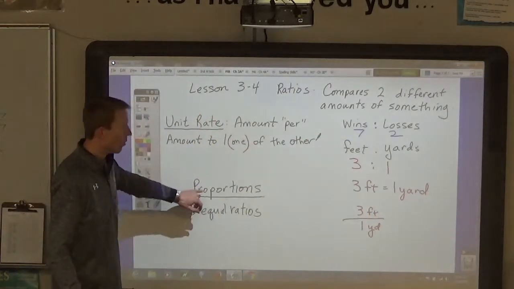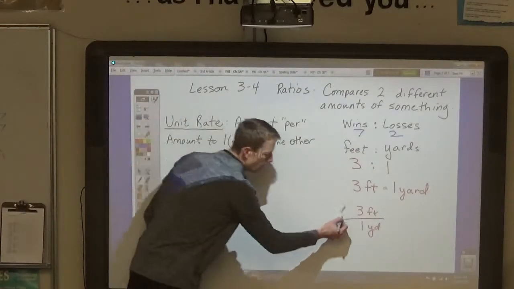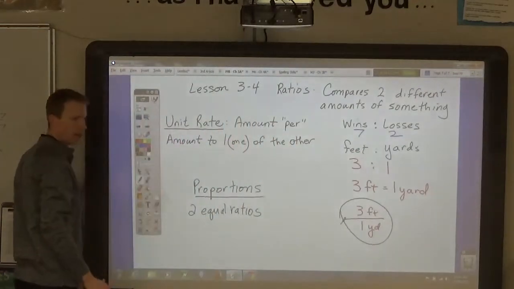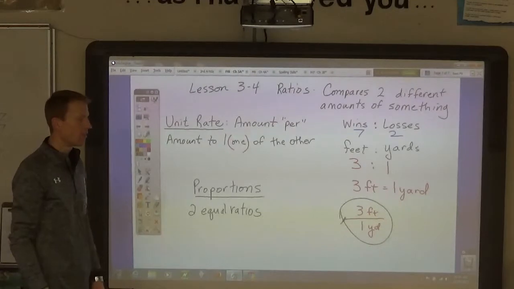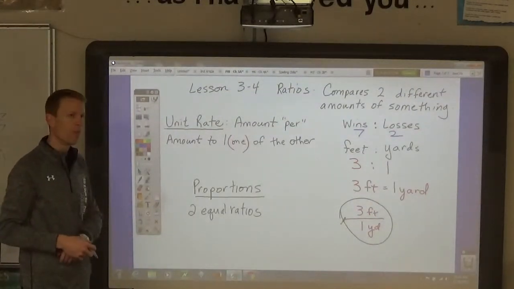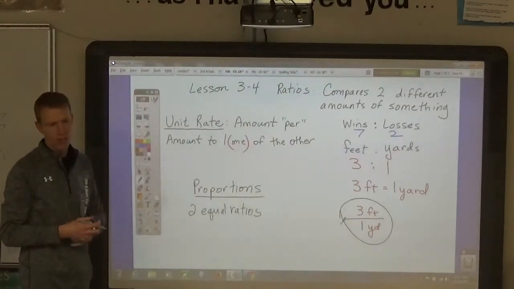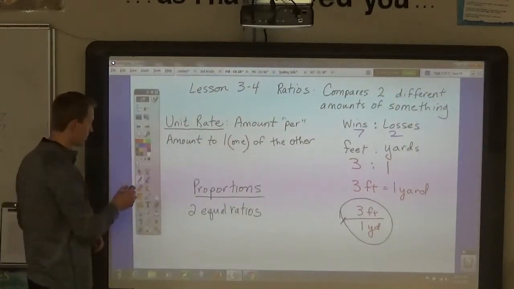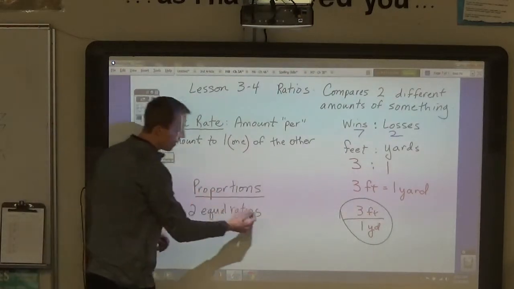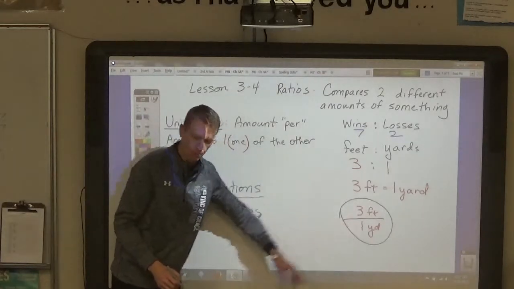So, when we're writing a proportion, we're using this to figure out, if there's 3 feet in every 1 yard, how many yards in 42 feet. Here's what you do. You write this as 2 equal ratios, but you write them in fraction form.